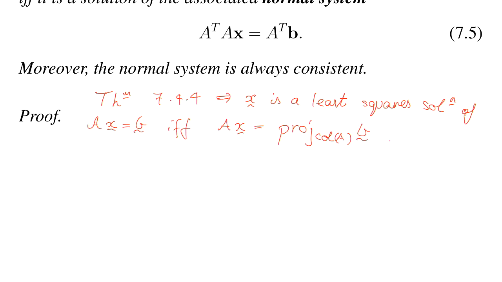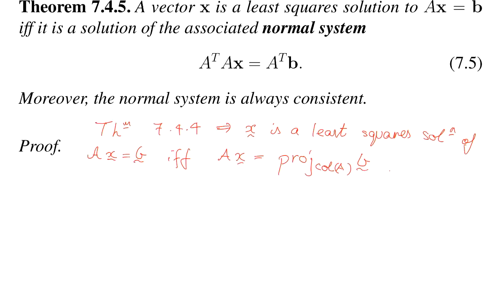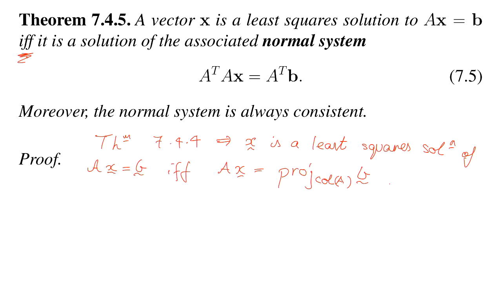I'm just going to prove one direction here. You can prove the other direction on the problem set. This is an if and only if, so we need to prove both directions.